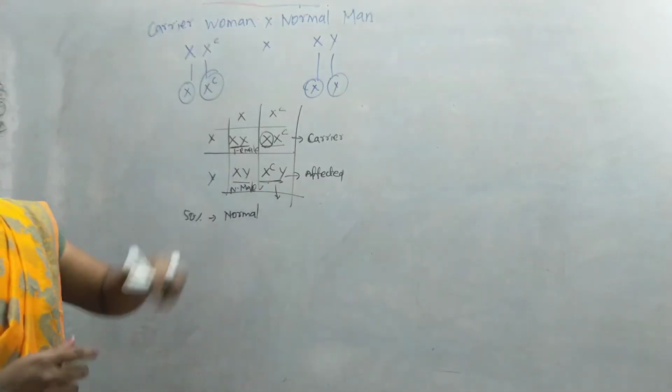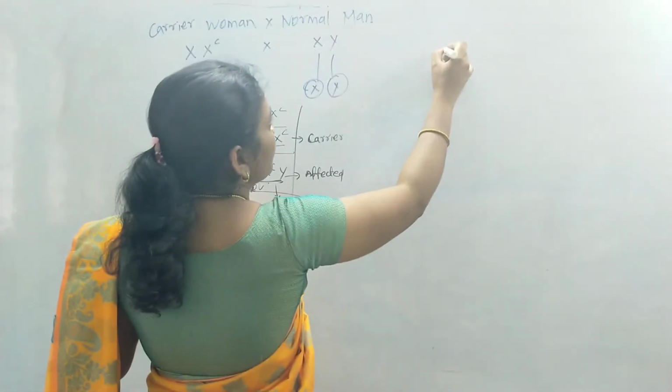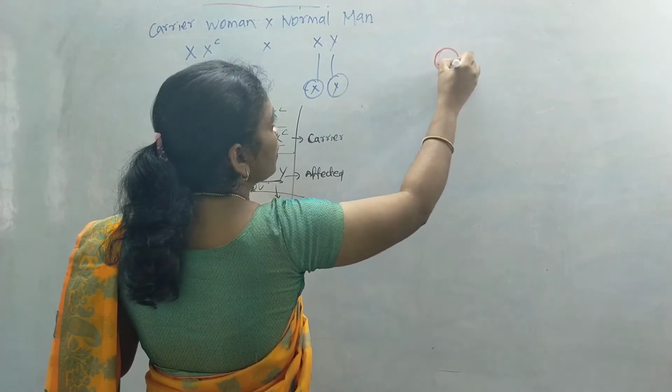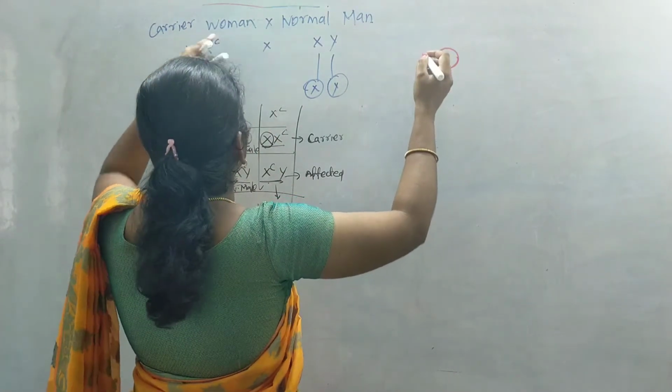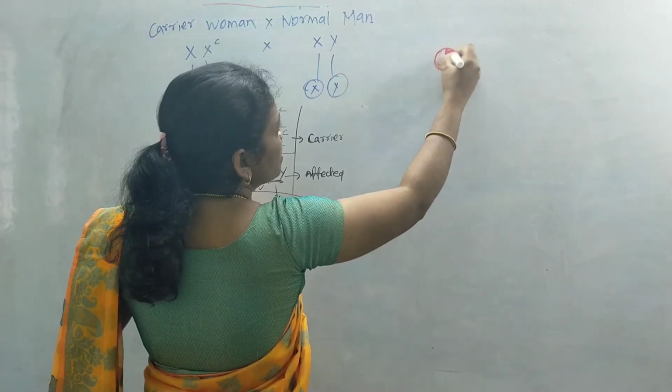blindness. If we draw the pedigree chart for this particular cross, the carrier female will be drawn as a circle. She is a carrier for this particular disease, so heterozygous, so half will be shaded.